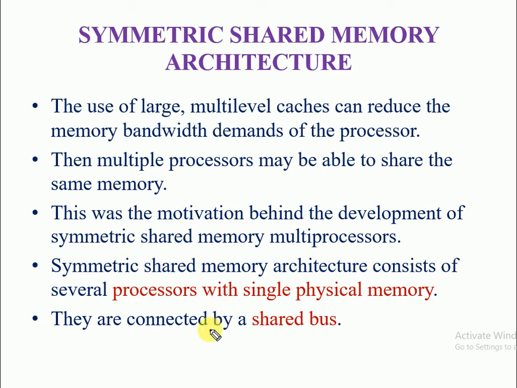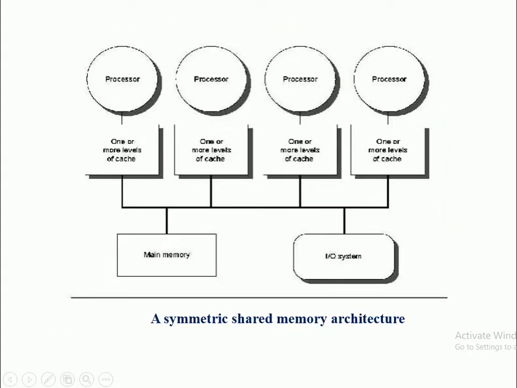For that situation, all these processes are connected to the memory through a shared bus. So the bus is being shared by a number of processes. You can see in this diagram that different processes are associated with some caches.